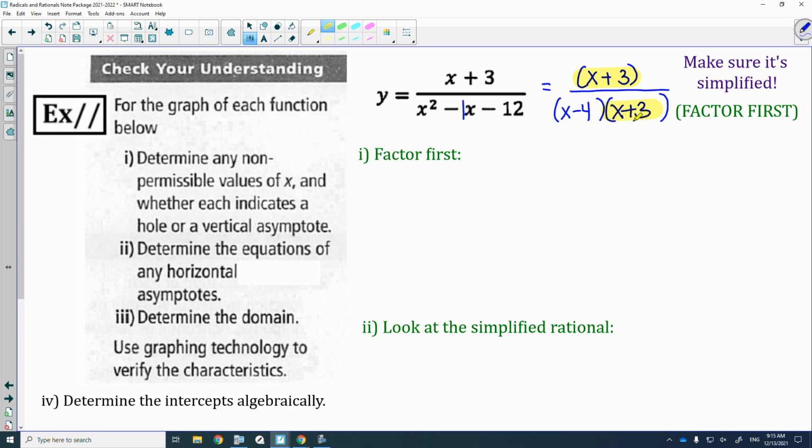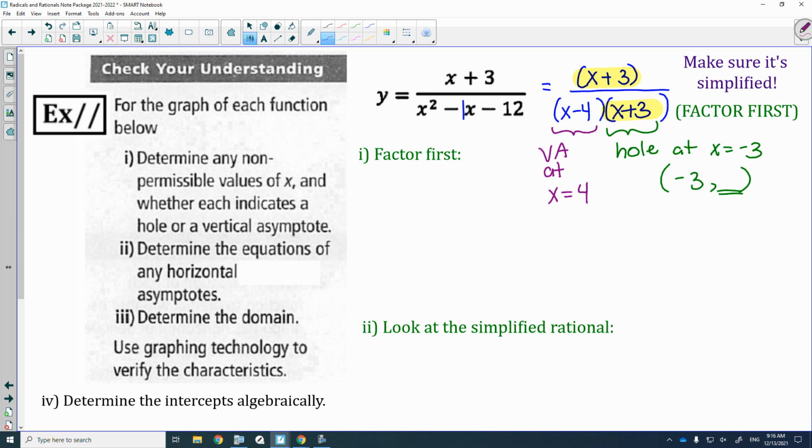That's going to be a hole. So this graph is going to have a hole at x is equal to -3. So we got to find the y value of the hole. And then it's going to have a VA at x is equal to 4.